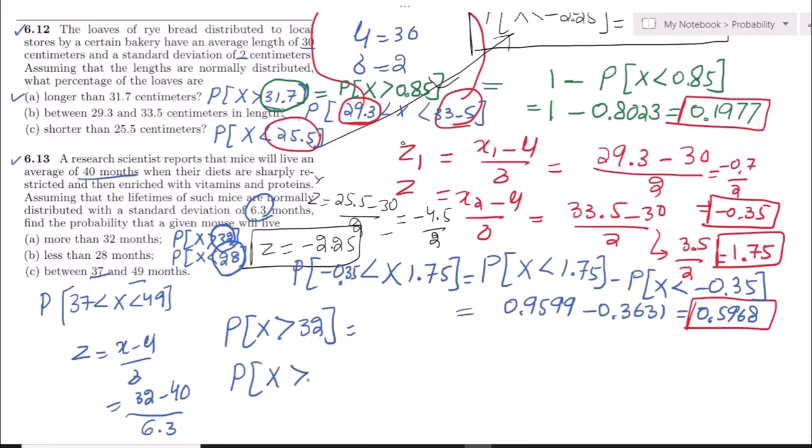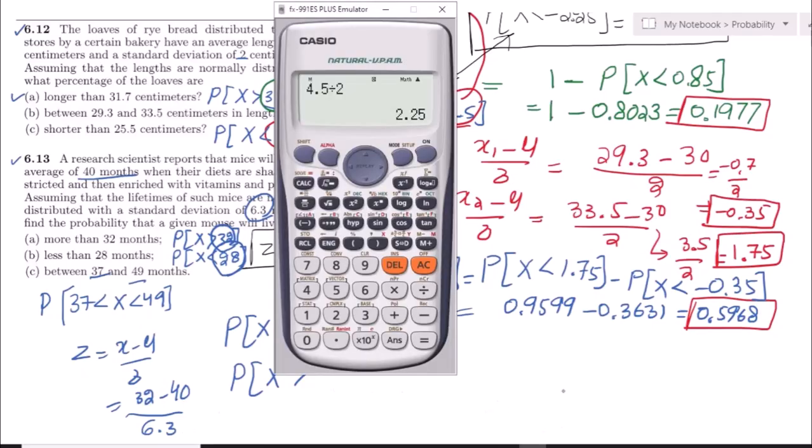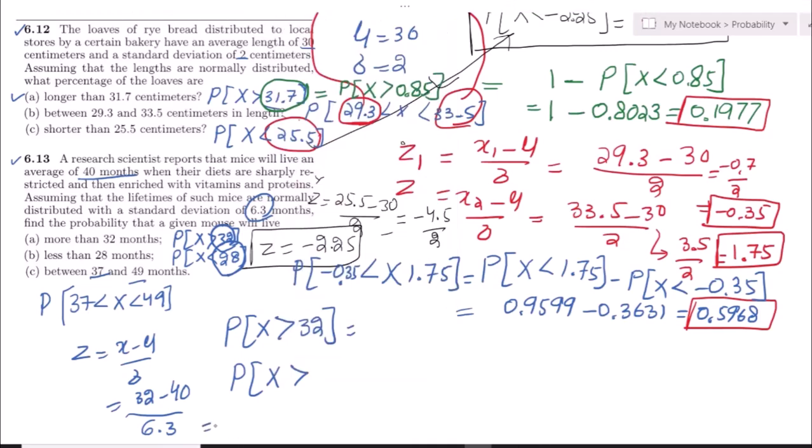X is greater than some value which is Z, and that value is minus 8 divided by 6.3. So 8 divided by 6.3 is 1.27. So here it is minus 1.27.